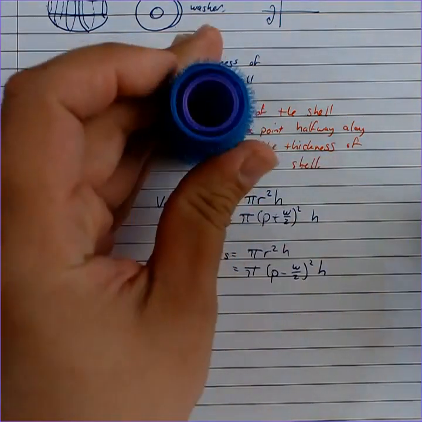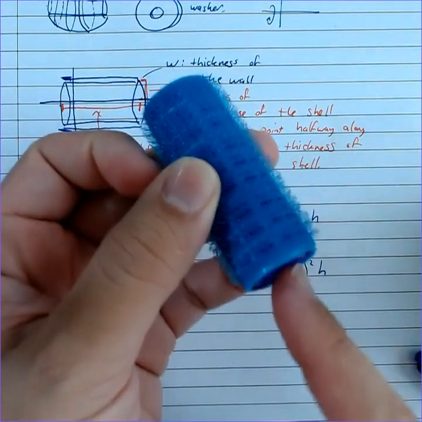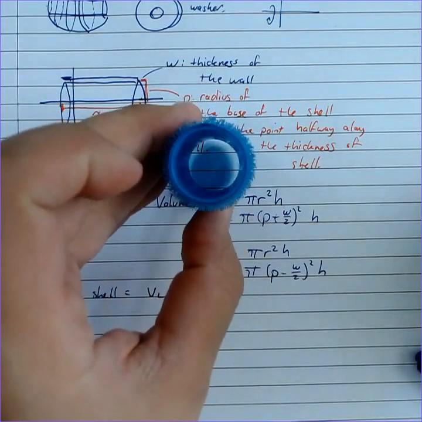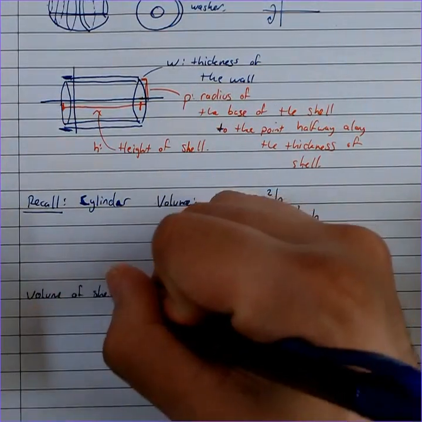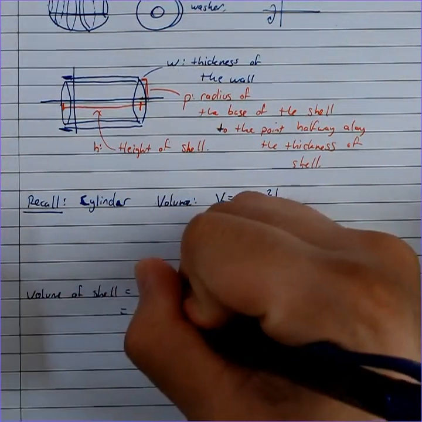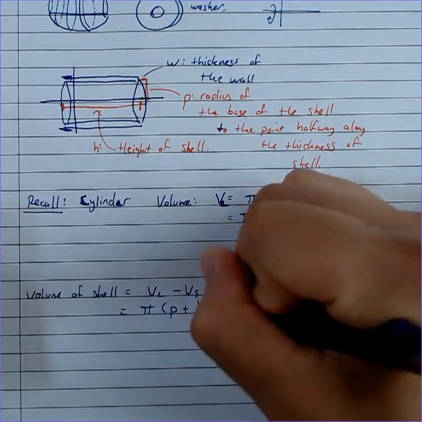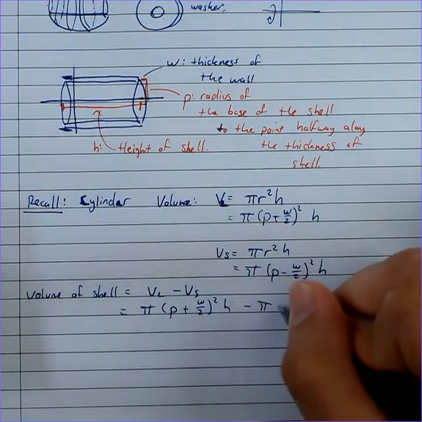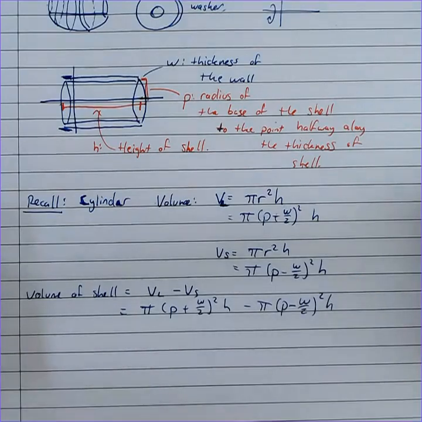All right? If I have this object and I want to get just an empty shell, I want to find the full volume, but then subtract away this stuff that I'm taking out to leave a hollow shell. Okay, well then that's going to be pi times (p plus w over 2) squared times h minus pi times (p minus w over 2) squared times h.